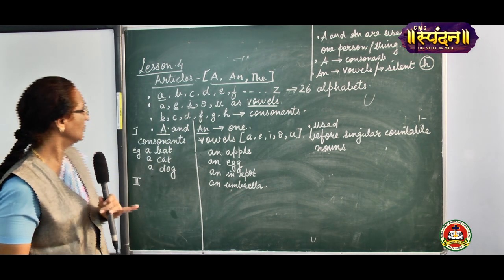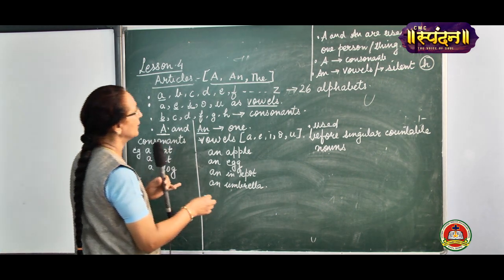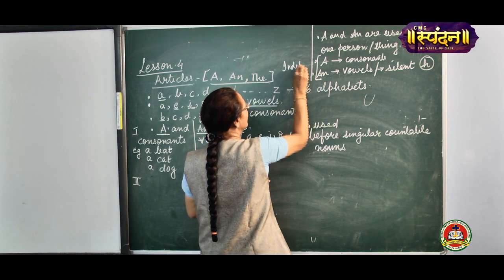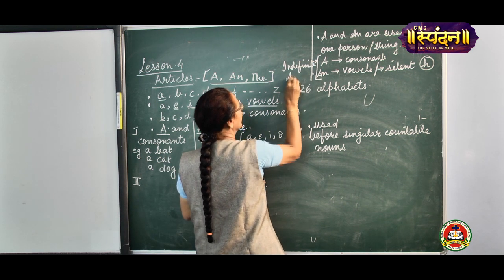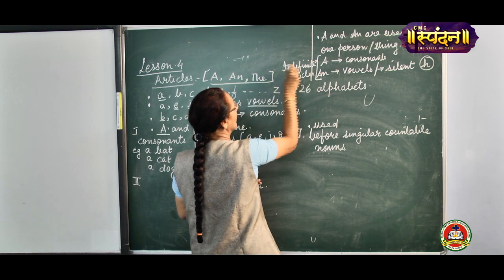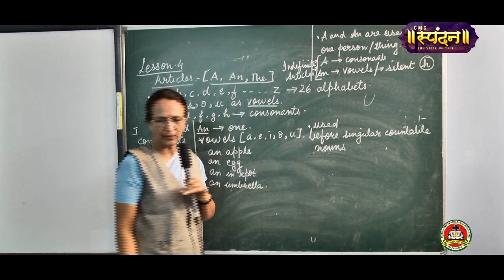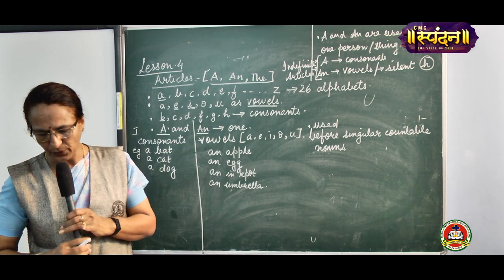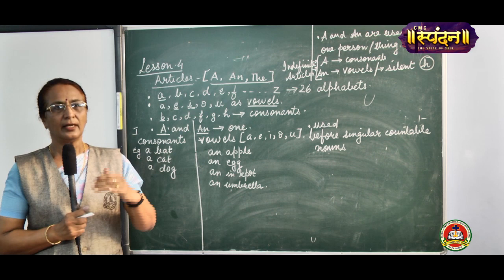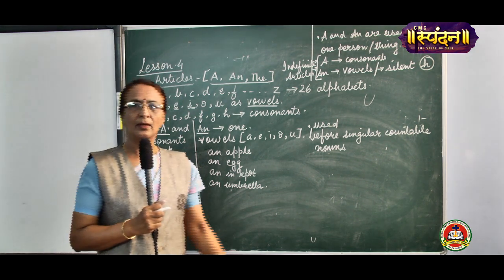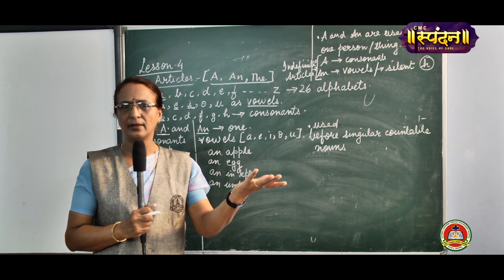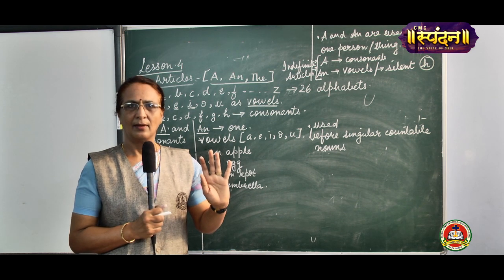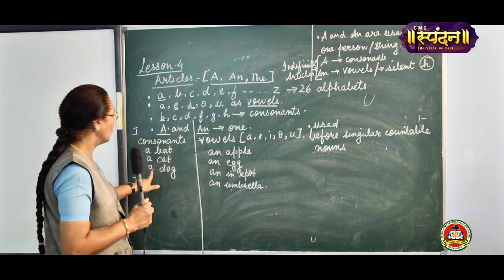That is why a and an are called indefinite articles. Now, a is used like if I say, he wants a dictionary, means any dictionary. You give me any dictionary. Is that clear? So, a means one.